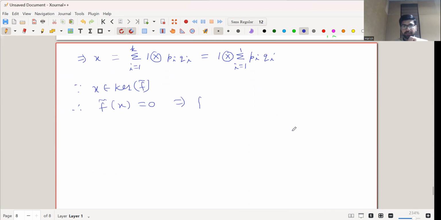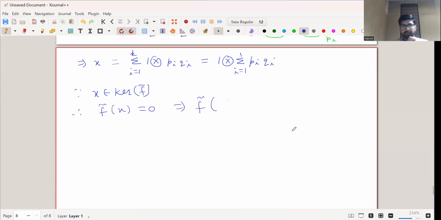What was x? That was nothing but summation of i equal to 1 to k of p_i tensor q_i. Now f delta is linear, right? So this summation will come outside and you are left with f delta of p_i tensor q_i.